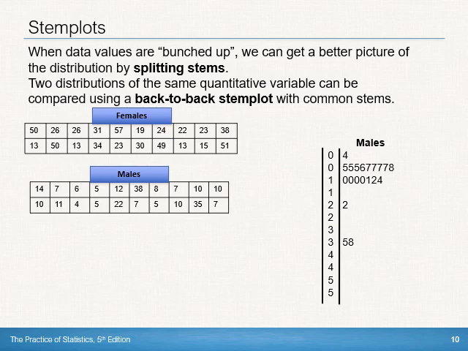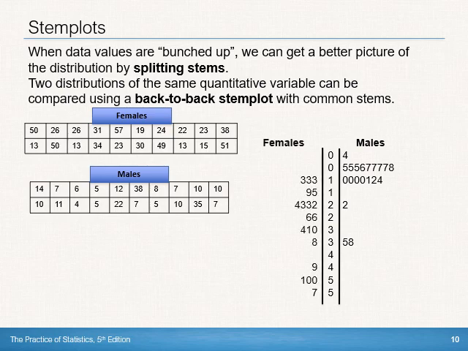Now you might say, why do we have 4 and 5 showing up? None of the boys have 4s and 5s, but remember the females do. And so we have to make sure that our stems in this case accommodate both the males and the females. So we put the females off to the left, and we have them actually in reverse order now.